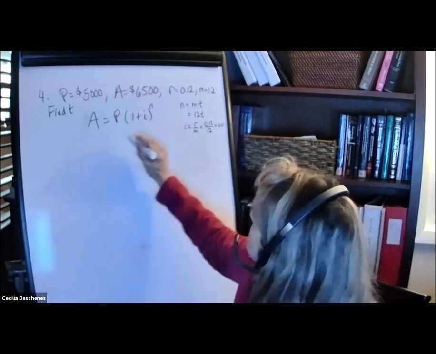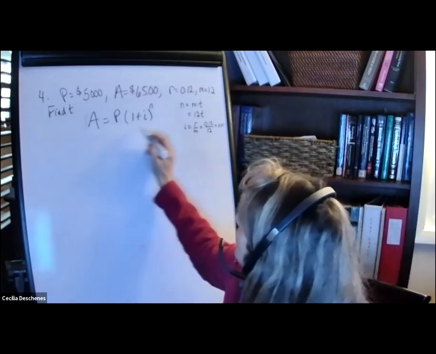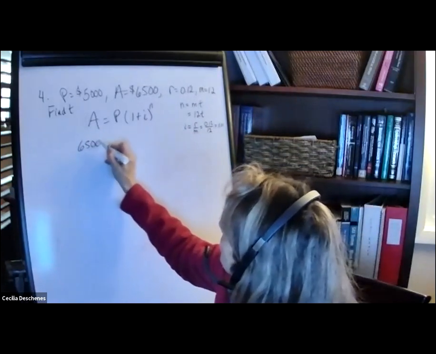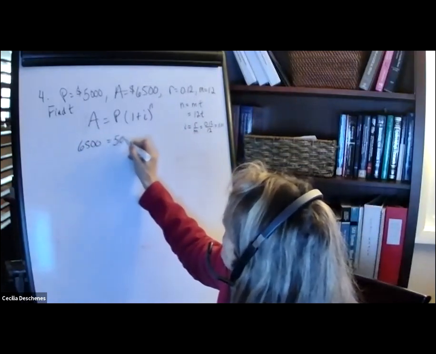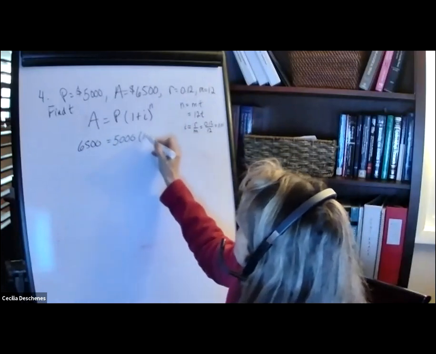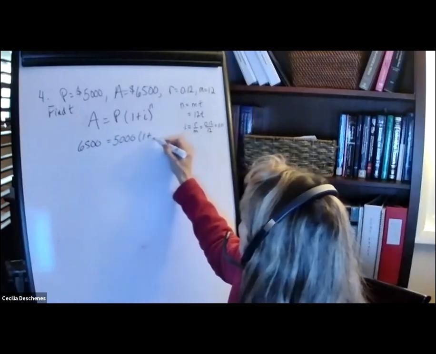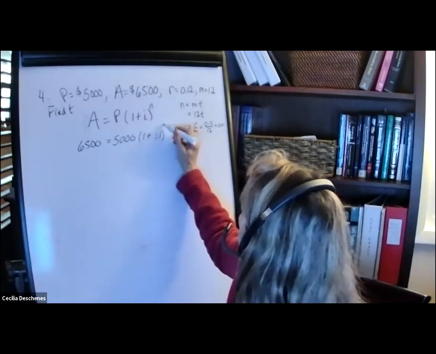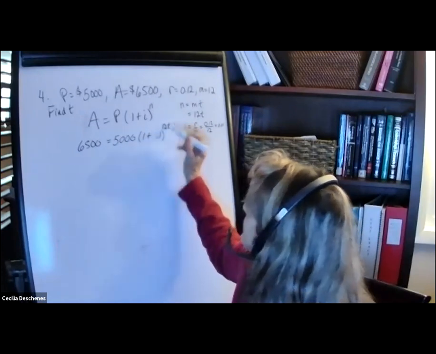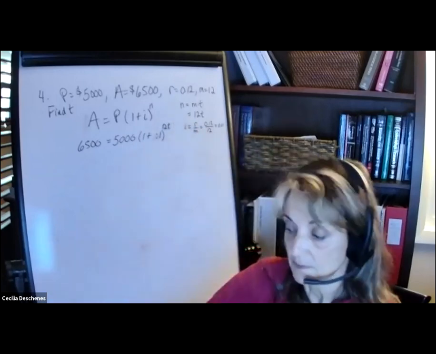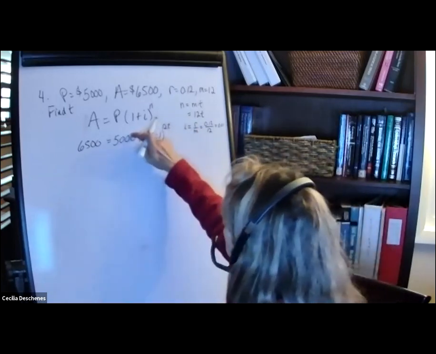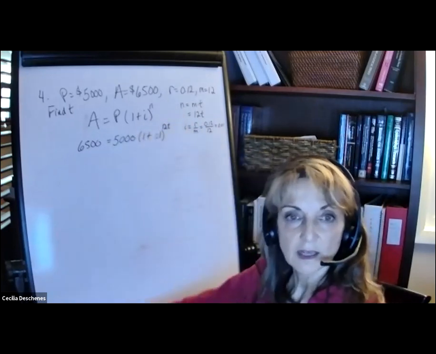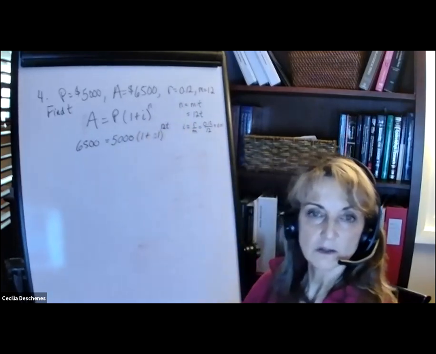Okay, so we put everything we know in here now, and we have 6,500 is equal to 5,000 times (1 plus 0.01) raised to the 12t.